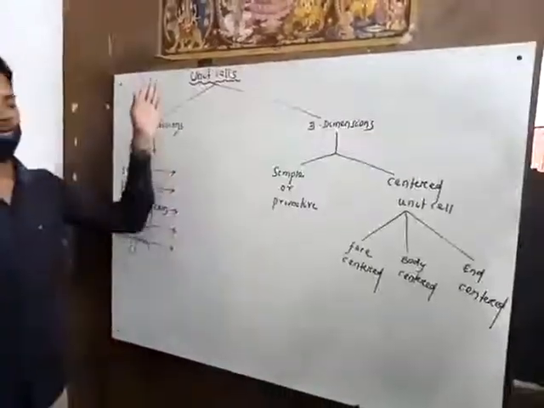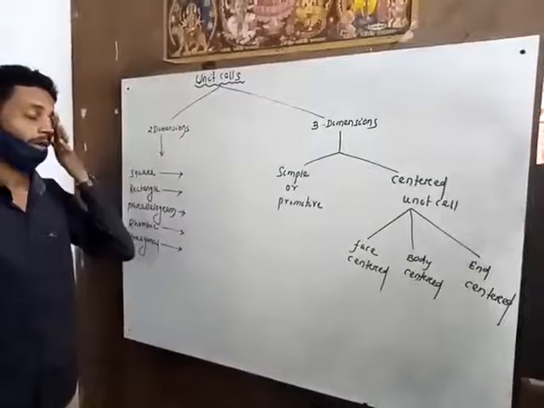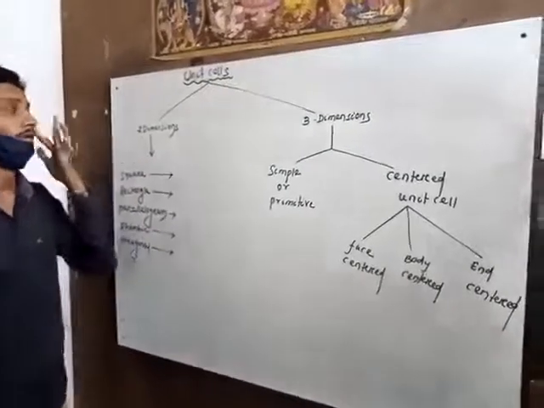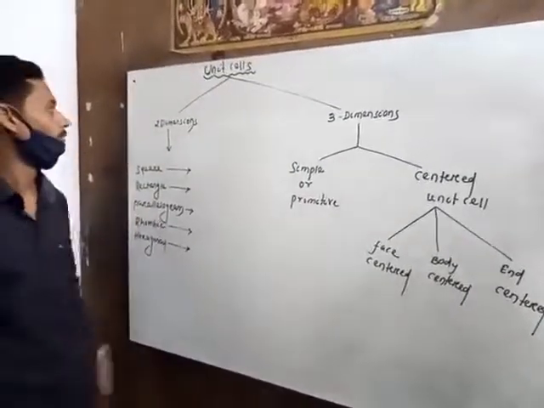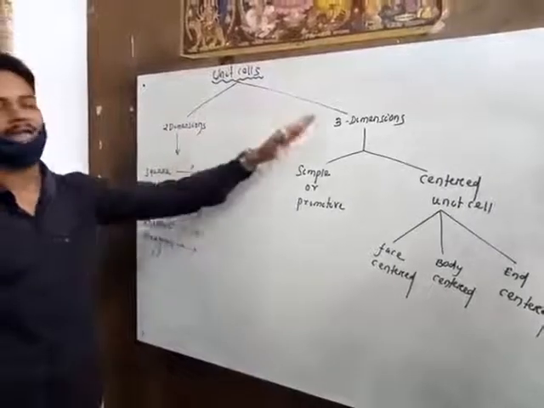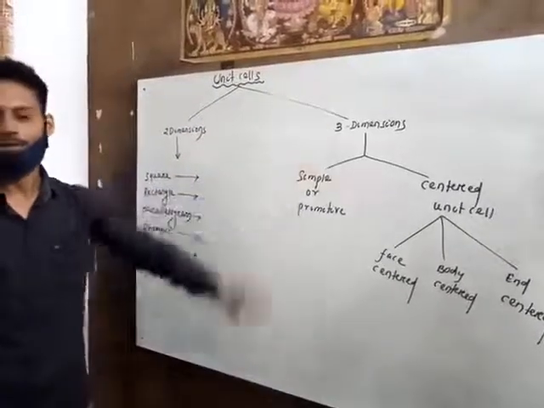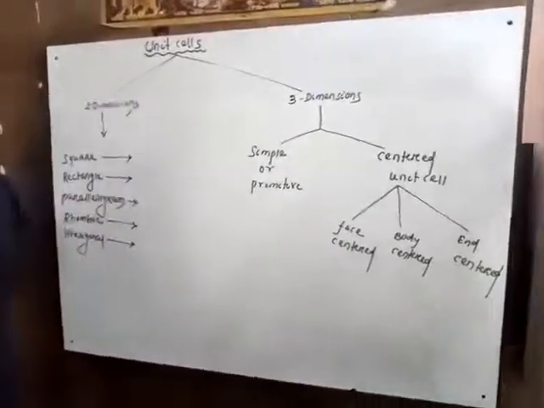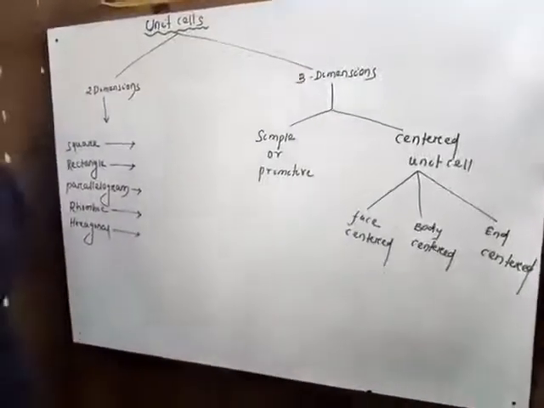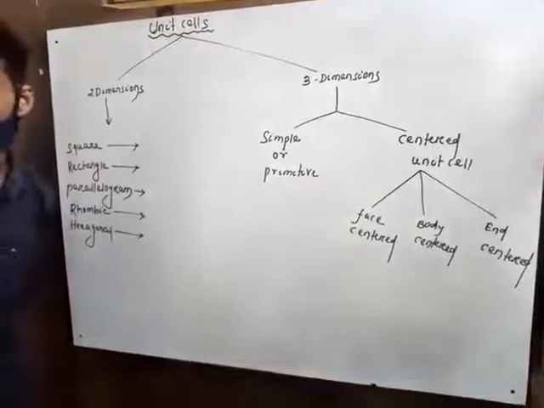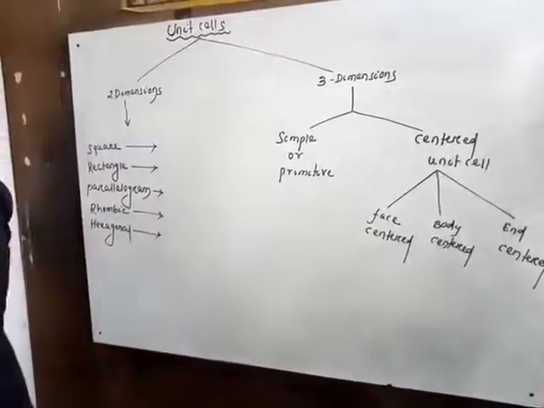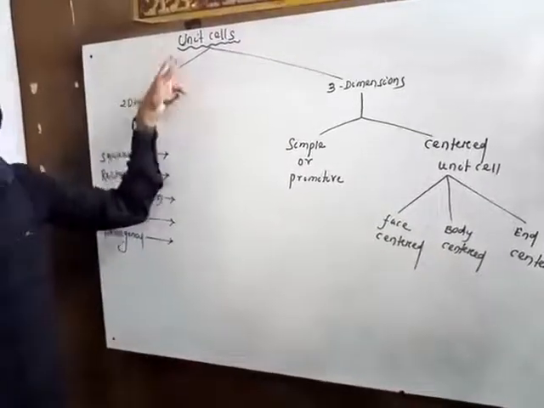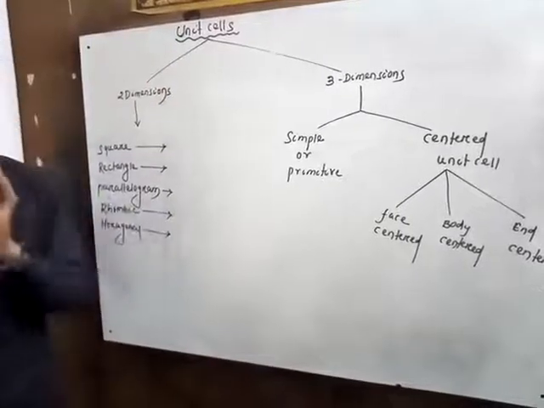So, unit cell. What is a unit cell? A unit cell is a two-dimensional or three-dimensional unit which completely defines the crystal. Like our body is made of what? Cells. So the cell is the functional and structural unit of a living organism.